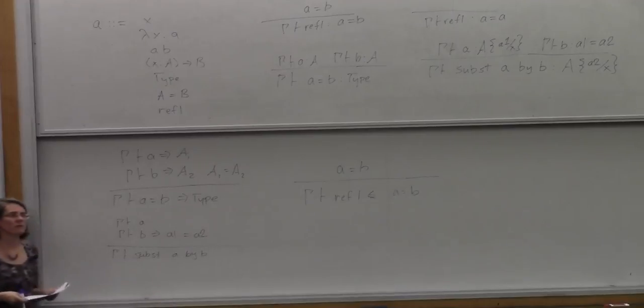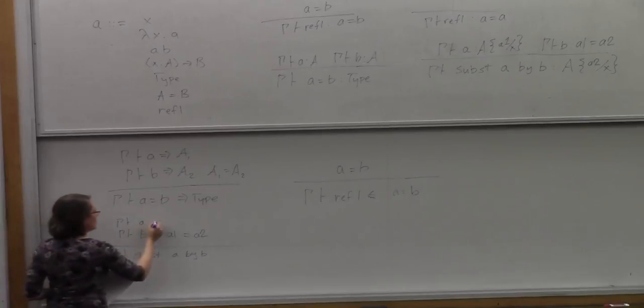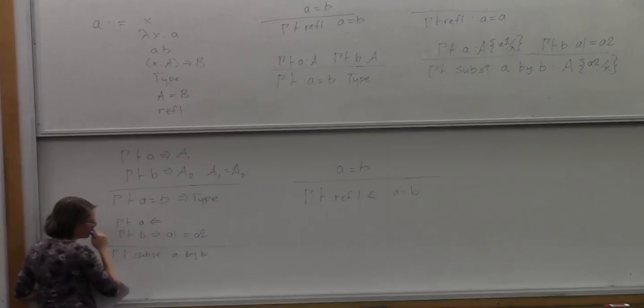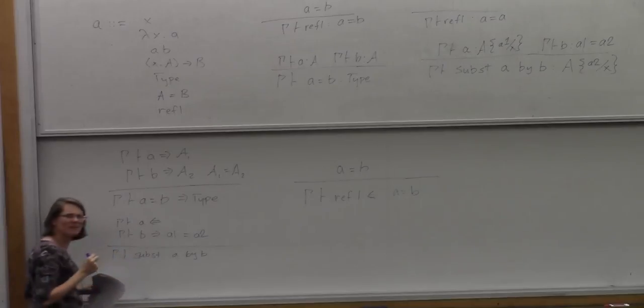What could we do for our algorithm? Any ideas how we could implement this? You want to check that A has type A1 or A2?